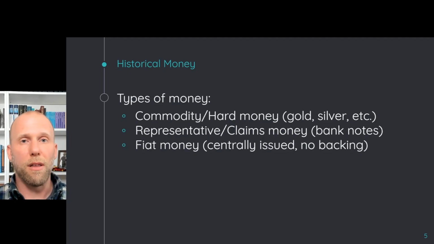With fiat money, there is now no claim attached to the money. It's just been issued and society is using it as money, and whoever's issuing it, a bank, government, whoever, you're just having to trust them that they're not going to flood the market with more of it and reduce the value.